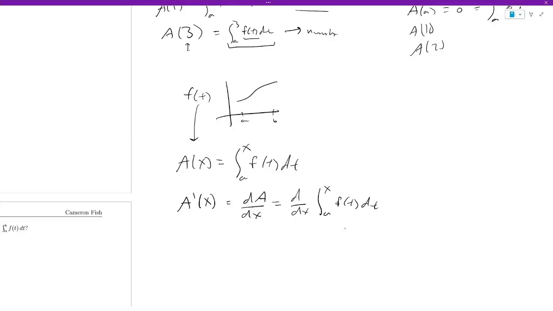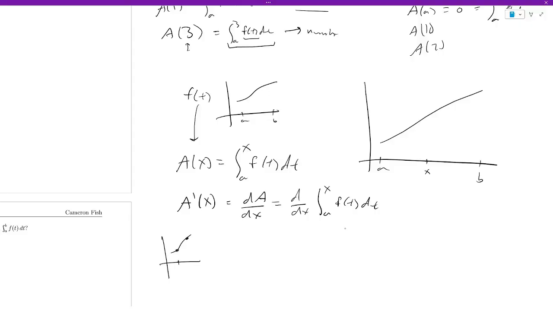Well, let's just think visually in terms of this picture. Say, let's maybe draw this a bit bigger. A, B. Say I had x right here. Just remember, what does the derivative mean? If I do the derivative of a function, it's kind of like taking the slopes of the function.